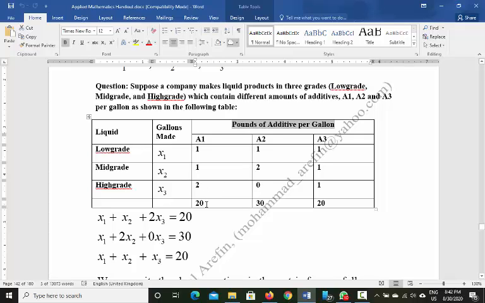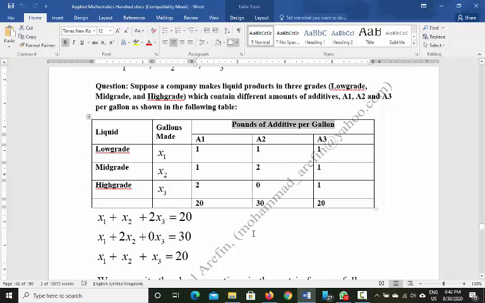So the company has total 20 pounds of A1 additive, 30 pounds of A2 additive, and 20 pounds of A3 additive in their hand.